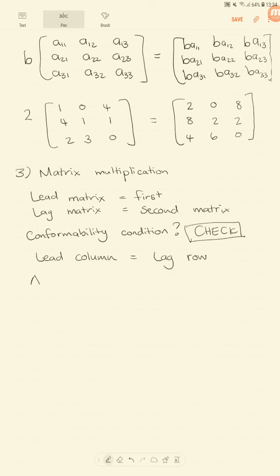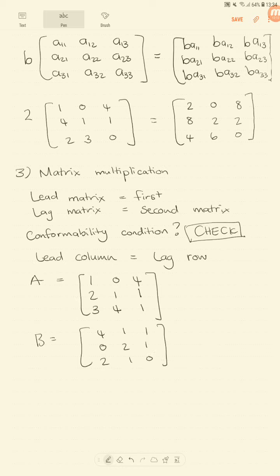We have A equal to 1, 0, 4, 2, 1, 1, and 3, 1, 3, 4, 1. And we have B equal to 4, 1, 1, 0, 2, 1, and 2, 1, 0.